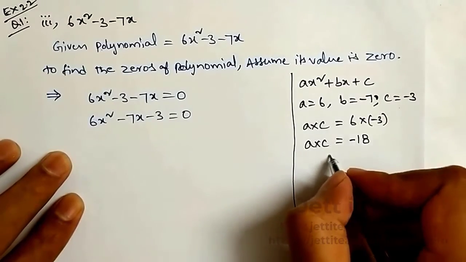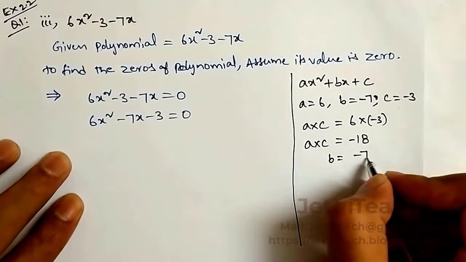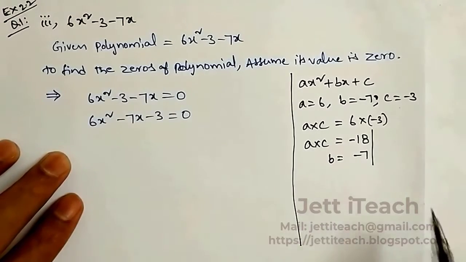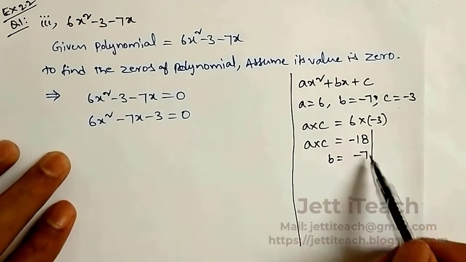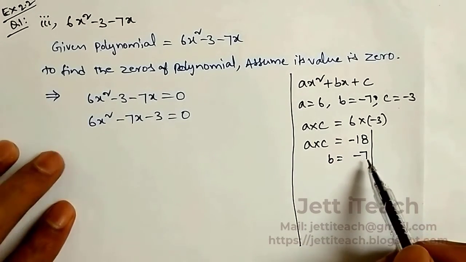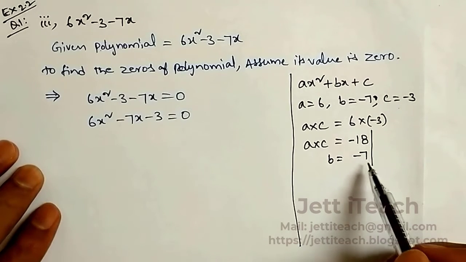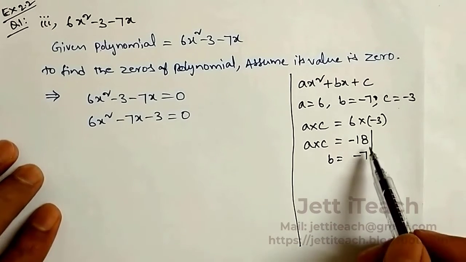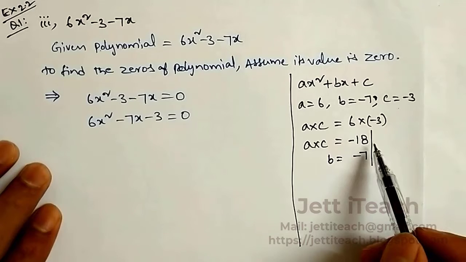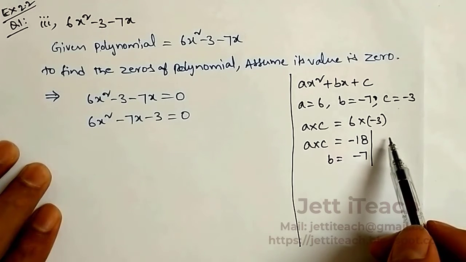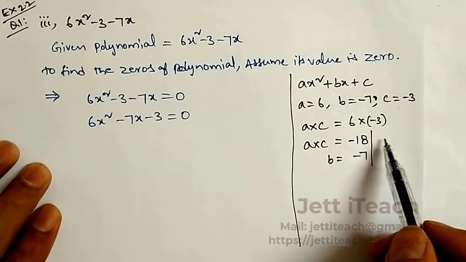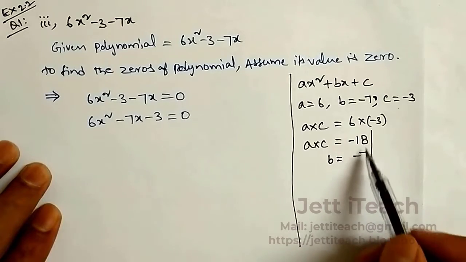What's the value of b? B is minus 7. We need to write these two values in terms of two integers, but both integers will be the same for these two terms.